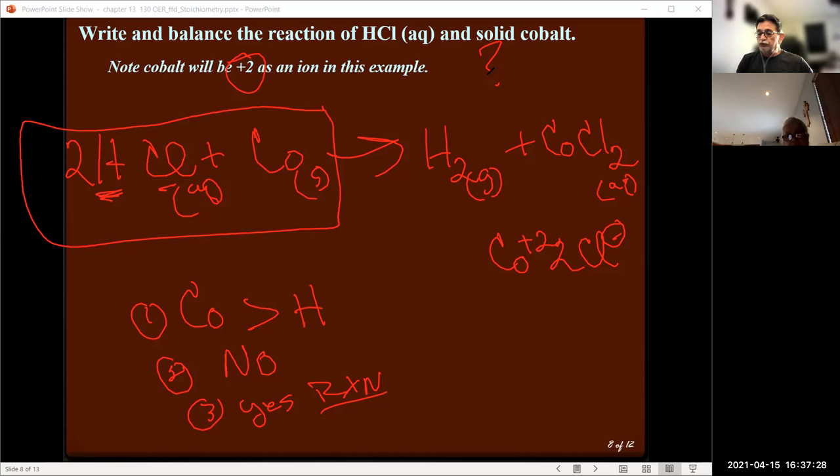And the other aspect too, another way to remember is that I have a metal reacting with an acid, and it by default will react for those metals up to lead in the activity series. Acid, any type of acid, will react for those metals starting with magnesium on the activity series up to lead.